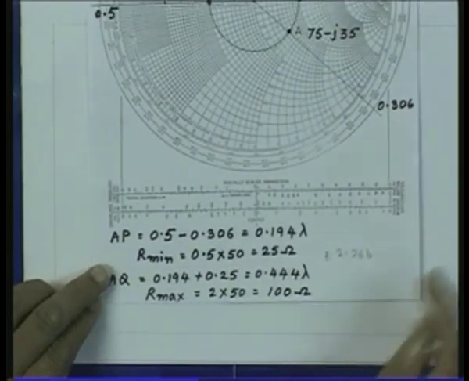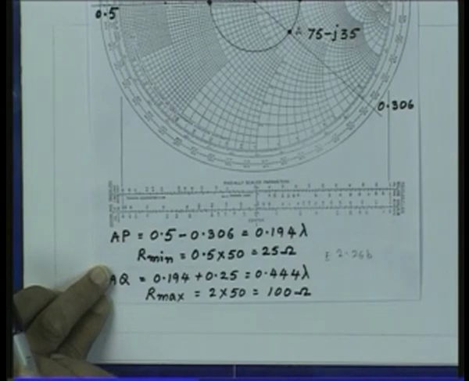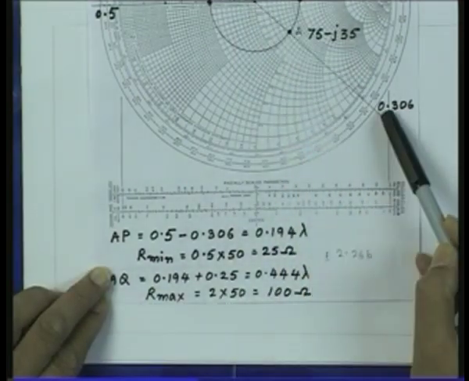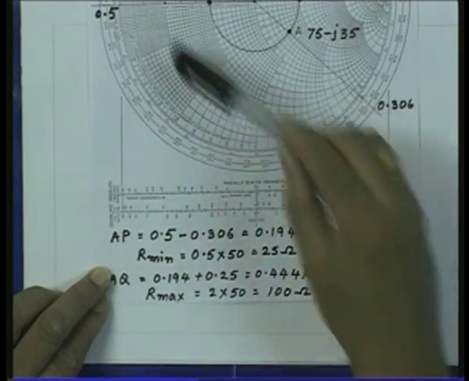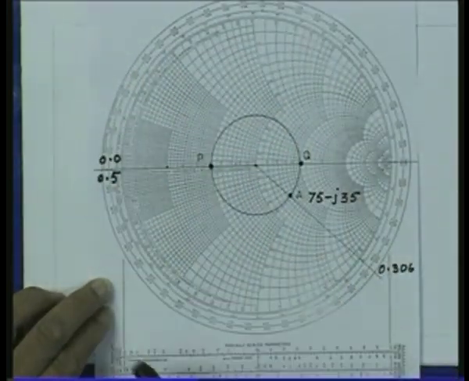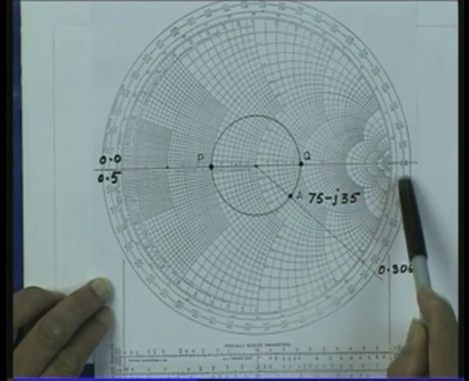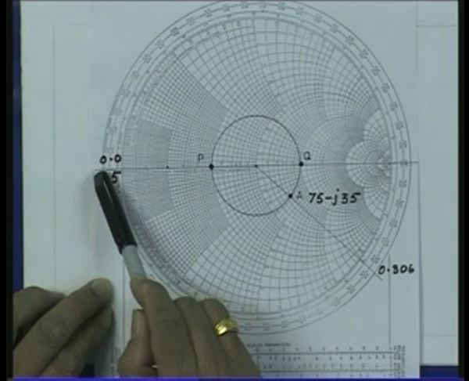Firstly, if I move by a distance AP, and how I measure a distance, I take a radius vector, go to the circle here, here the lengths are marked on the outermost circle of the Smith chart. So, it starts from 0, then it goes all the way up to 0.25 and then goes up to 0.5.